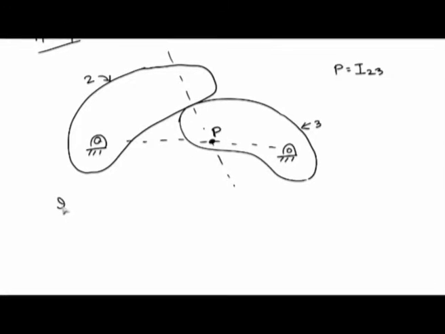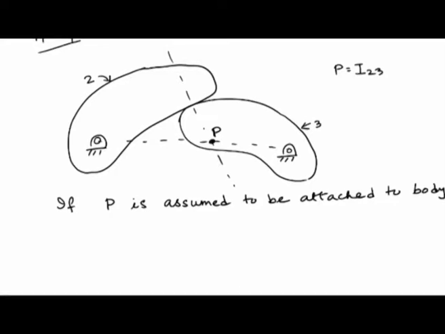So if P is assumed to be attached to body 2, okay, I am now assuming this point P is attached to body 2.